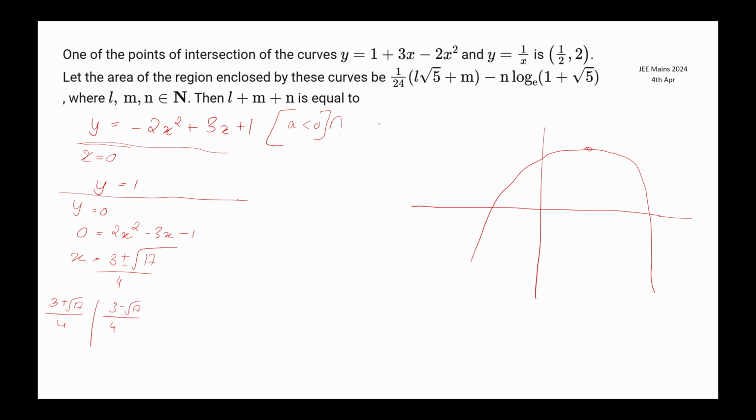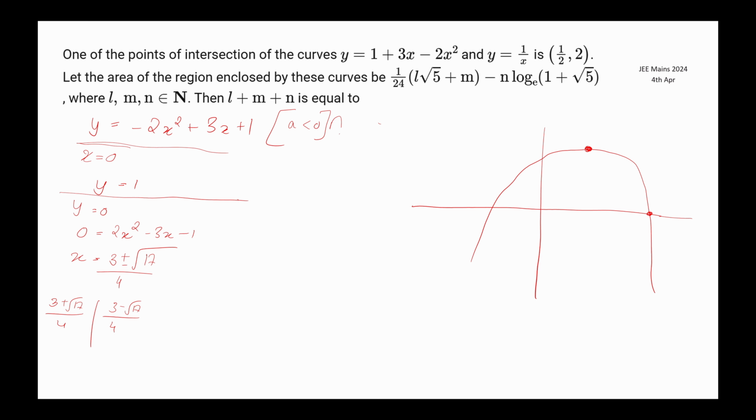Of course, the maxima that I would have for this curve would be lying somewhere in the positive x.